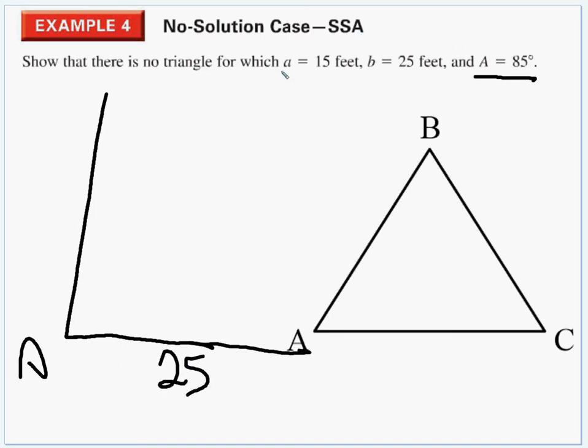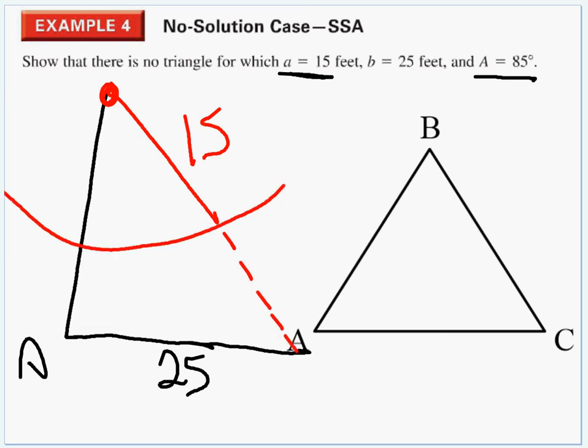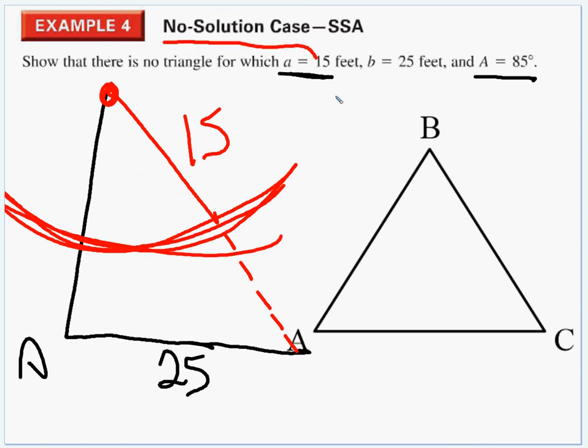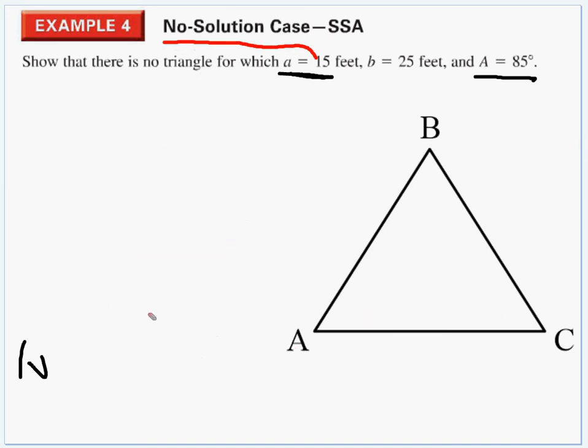But side A is only 15. So if I put side A up here, it's only 15 feet long. It cannot come down and connect. So this would be just up here swinging back and forth like it's on a hinge. There's no way for all three sides to connect. So it is a no solution case. The calculator said error. There is no triangle.